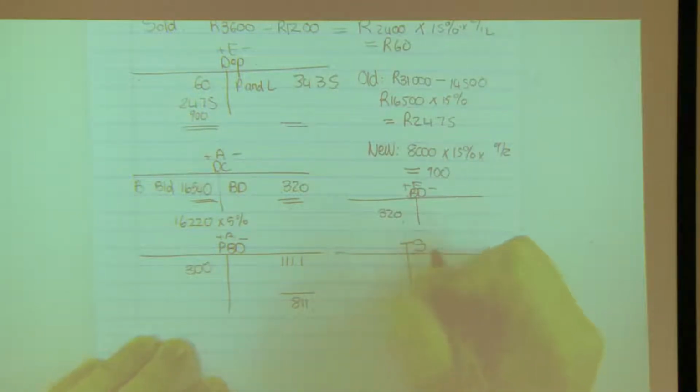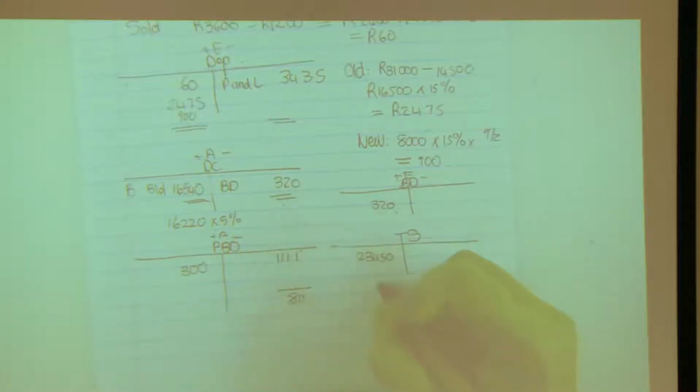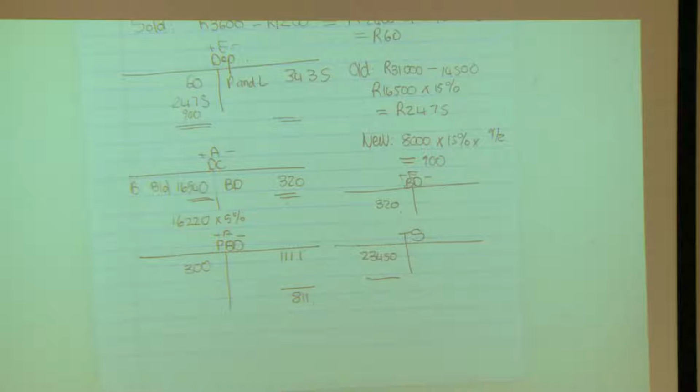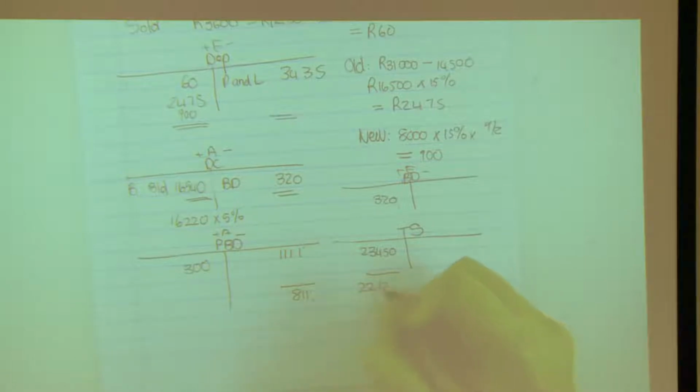So according to the pre-adjustment trial balance, we have trading stock with a balance of 23,450. According to the physical stock count, it should be 22,120. Clearly, there is stock missing. Why?